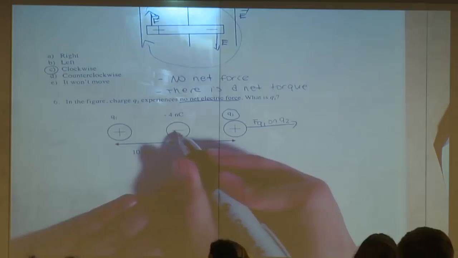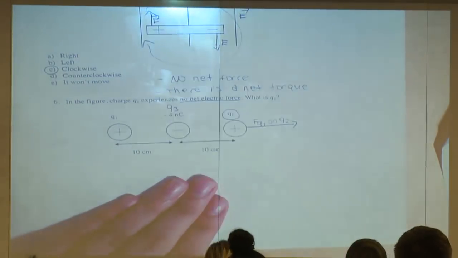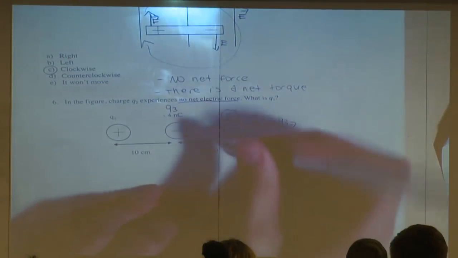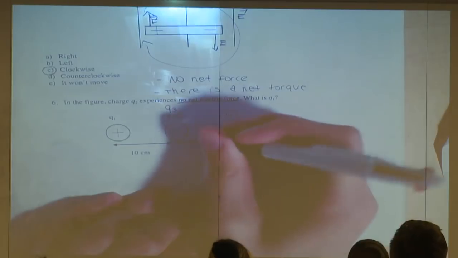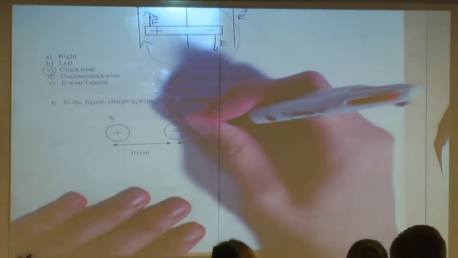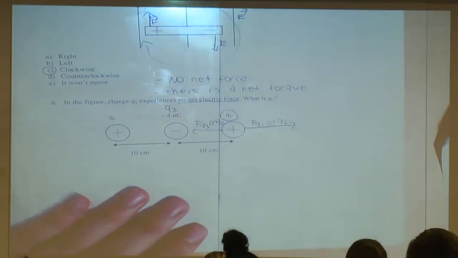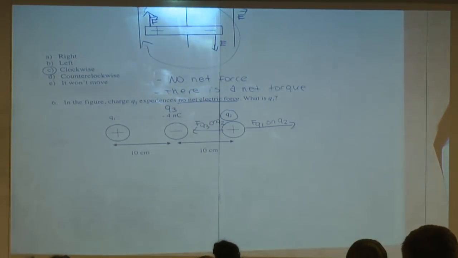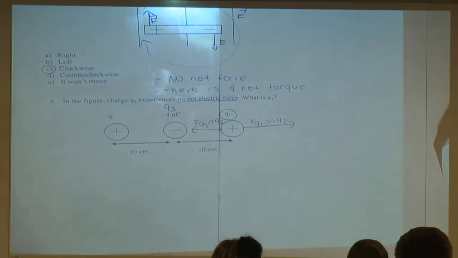But then this one's negative, so let's just call this one Q3 to make it easier. So then it's going to be a force in the opposite direction, right? Because they want to be together. So this is going to be the force of Q3 on Q2. So if it says that Q2 experiences no electric force, then these two forces would have to be the same, right?